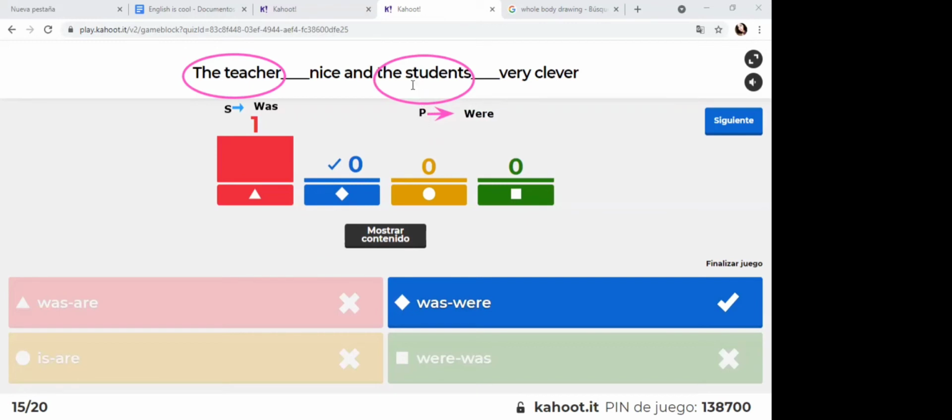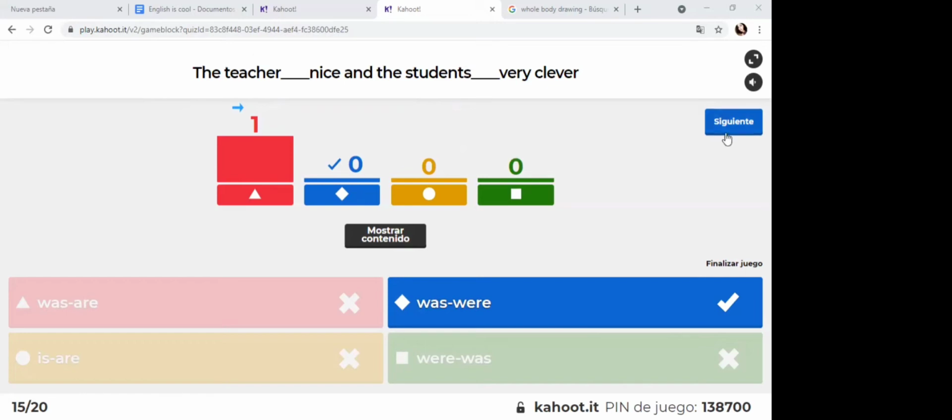For example, the students, the children is plural. The parents. Do you know what is the parents? Yes. The parents are the mother and the father, right? So the parents, okay, and my grandparents, for example. So with that we use were. Please remember to take notes, okay? So the teacher, singular goes with was, plural goes with were.